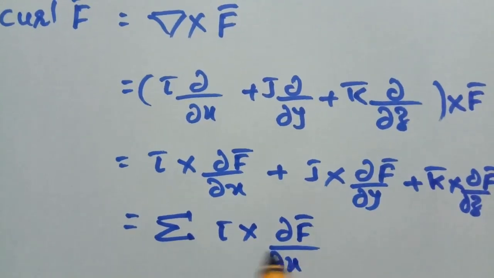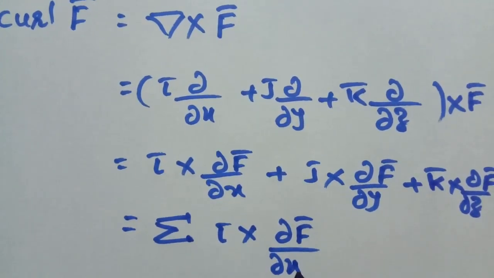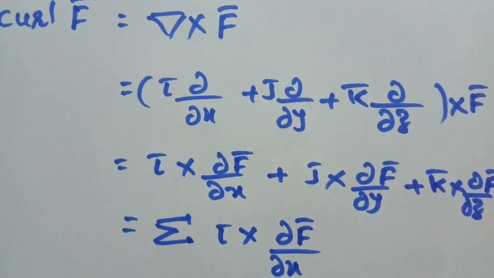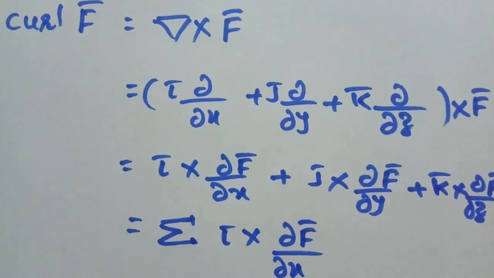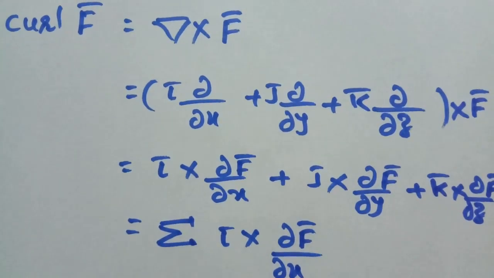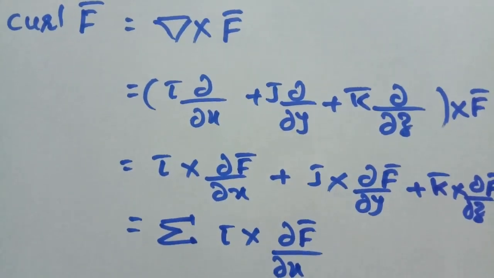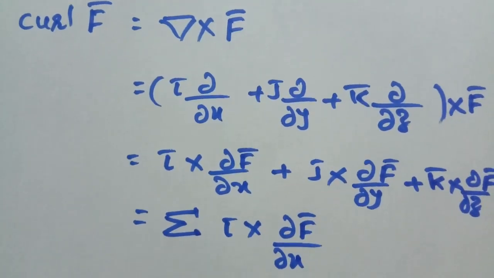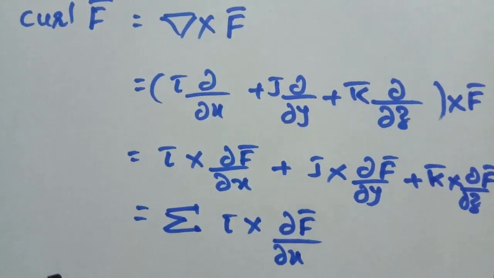So it means i bar cross dou by dou x of f bar plus next term j bar cross dou by dou y of f bar plus next term k bar cross dou by dou z of f bar. I bar, next term j bar, next term k bar; so x, next term y, next term z. Therefore, this is curl f bar.